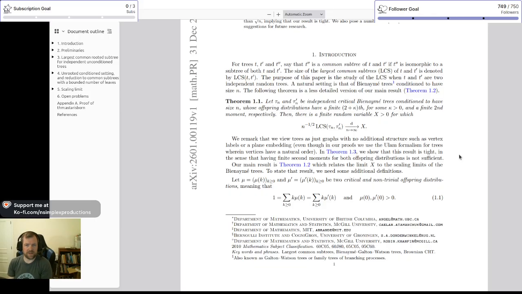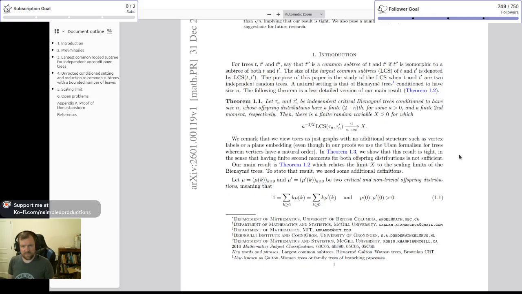Let tau sub n and tau sub n prime be independent critical Bienaymé trees conditioned to have size n, whose offspring distributions have finite 2 plus kappa-th moment for some kappa greater than 0 and a finite second moment, respectively.